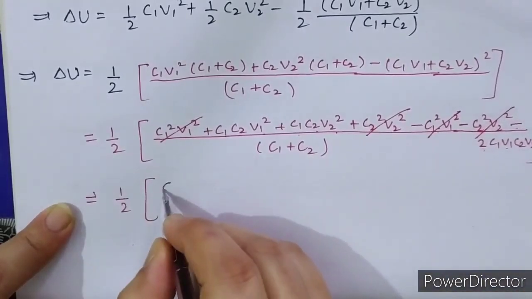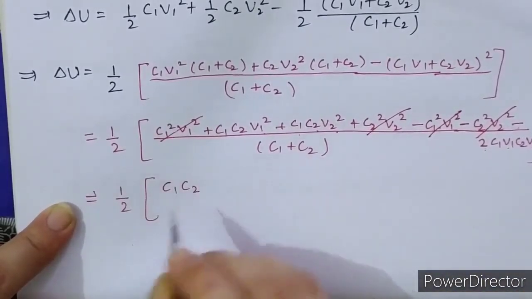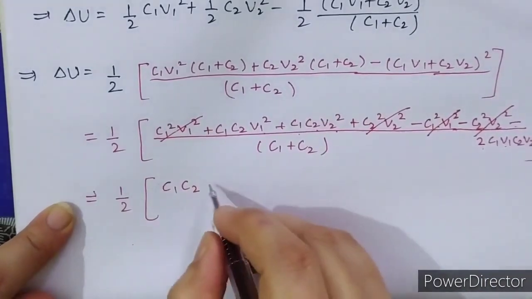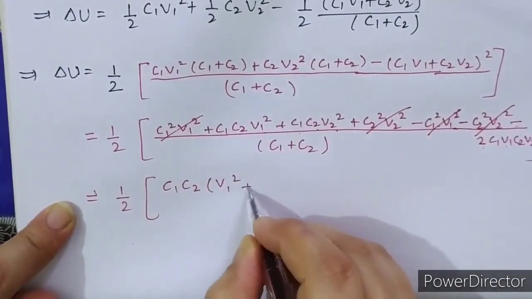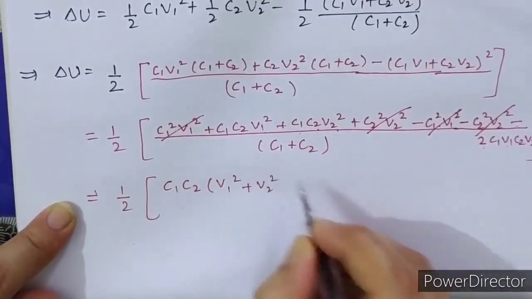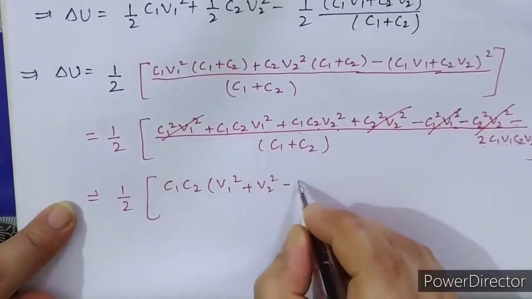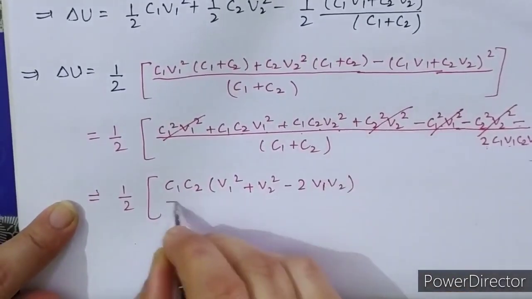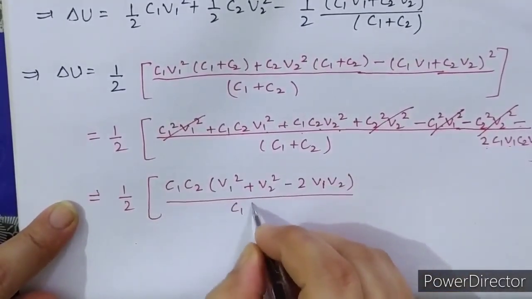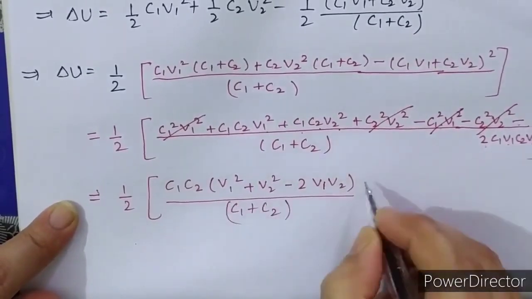I am just taking C1 C2 as a common. In the bracket, V1 square, V2 square, and minus 2 V1 V2 is remaining, divided by C1 plus C2.